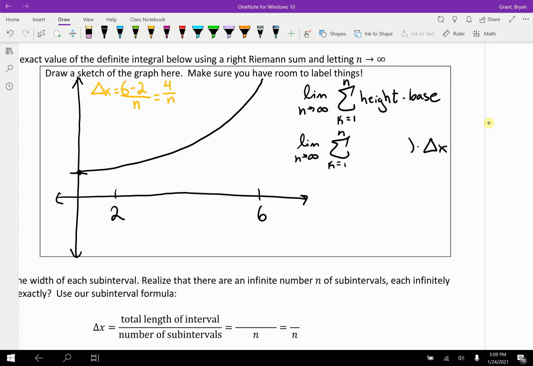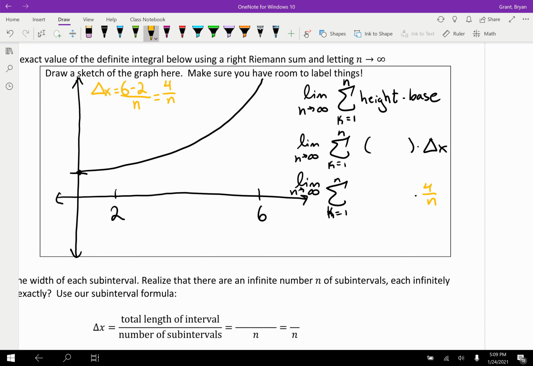Okay, I should have left a little bit more space here, but that's okay. And so we're actually going to do one more, and then we're going to backtrack and fill in the rest. So we have the sum from k equals 1 to n, and we now know that delta x is 4 over n. All right, we're looking good so far.